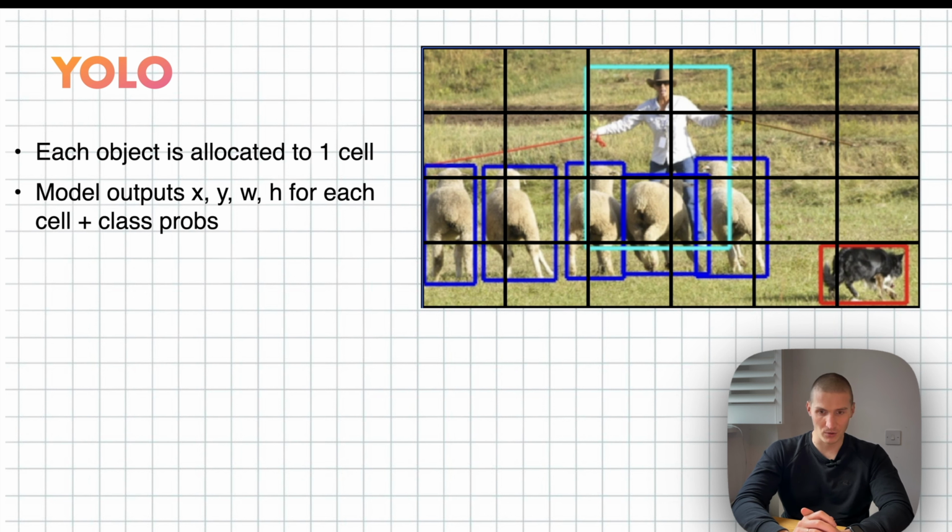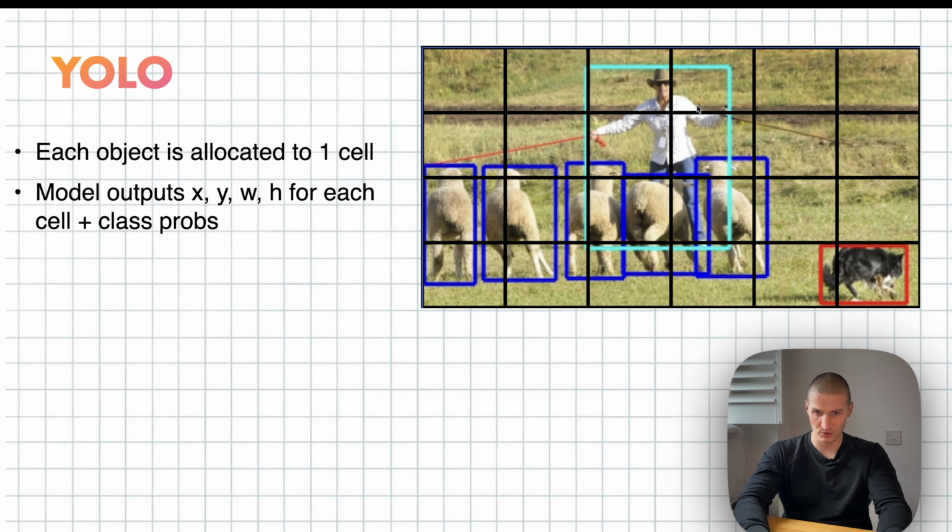And this is how it actually works. So YOLO superimposes a grid on top of an image, and then just says that every predicted object corresponds to something in each grid cell. And so the rule for assigning an object to a certain grid cell is where the center of that object lies.